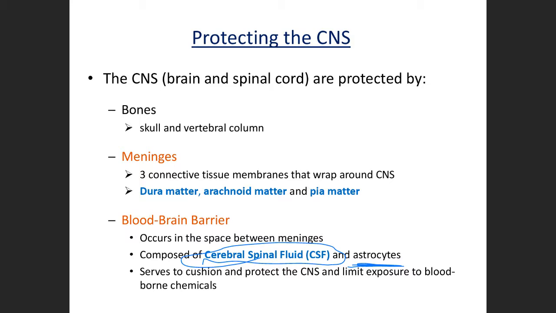If you remember in the last section, we talked about those neuroglia, or those glial cells, which are your minions. The astrocytes are one of those glial cells that actually creates the cerebrospinal fluid for the central nervous system. What the cerebrospinal fluid does is limit your exposure to bloodborne chemicals. It's also going to serve to cushion and protect the central nervous system.